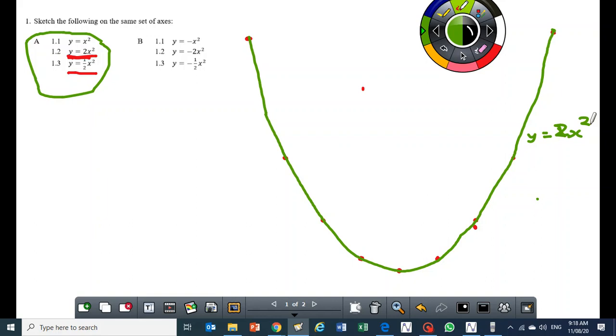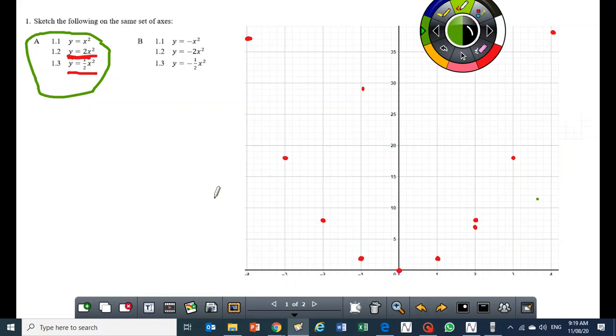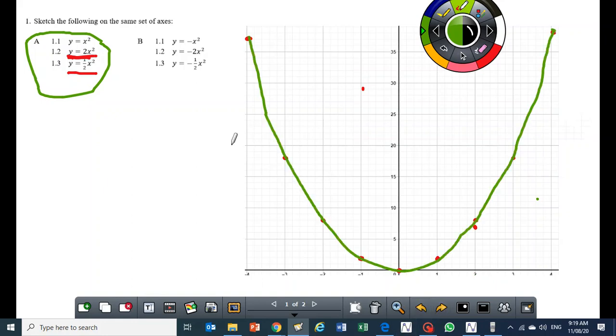Now, let's go and sketch the next one. The graph is gone now. Okay, that's the graph there.